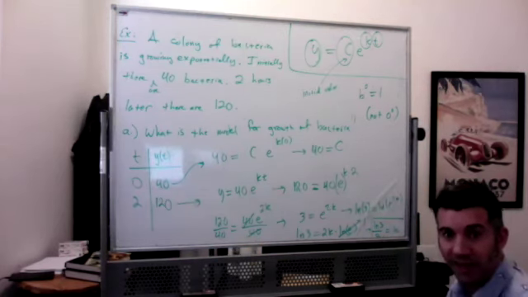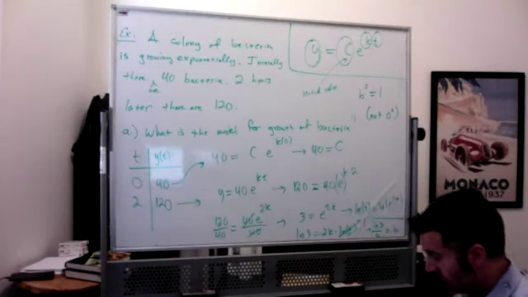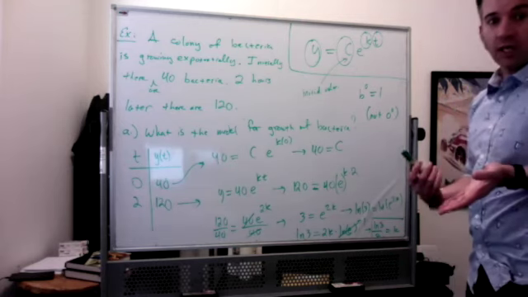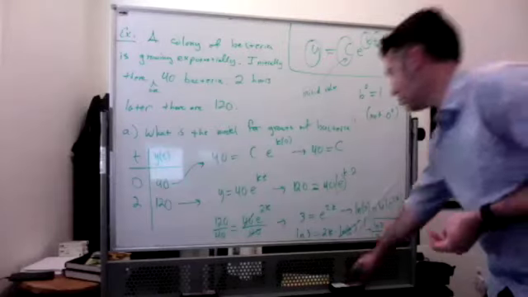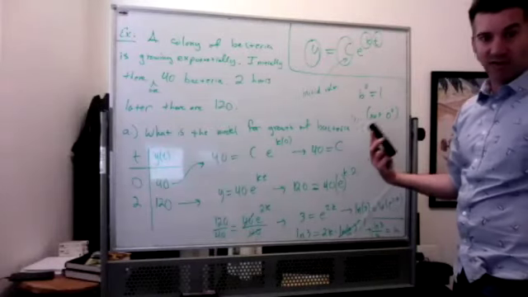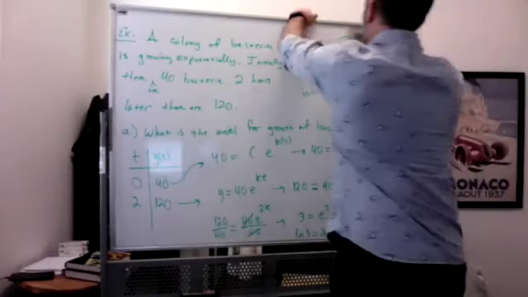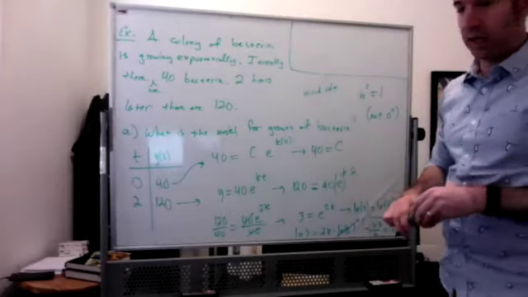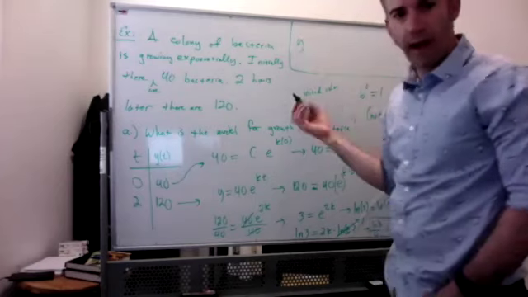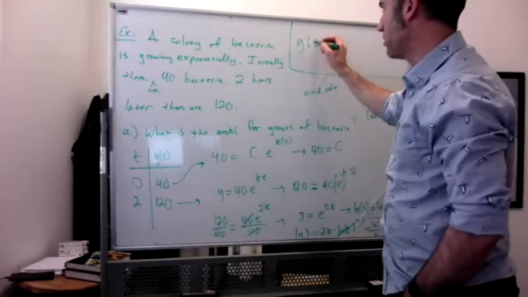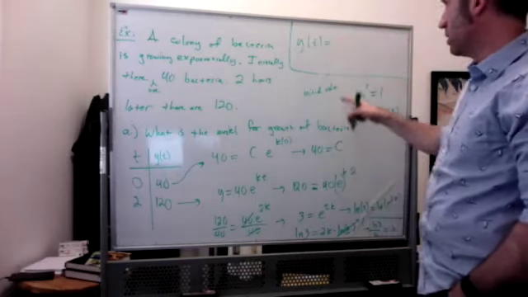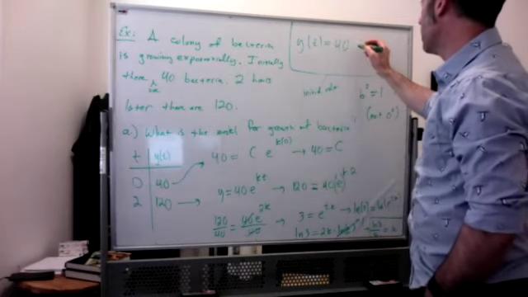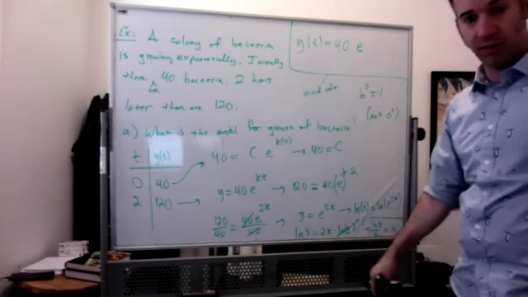Which hopefully you guys can kind of read. So again, this says k equals natural log of 3 over 2. So to answer the question, what's the model? Well, the model is this with our actual values plugged in. So our model for this particular problem is y, or y of t, you can write it either way, is equal to c e to the k times t, where c is 40 and k is the natural log of 3 over 2.